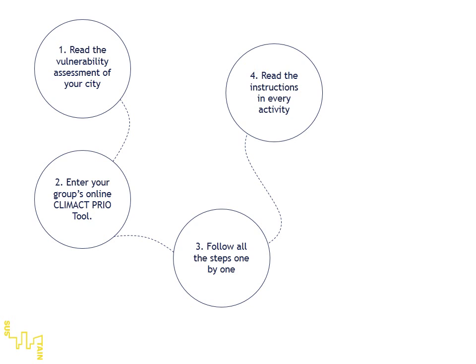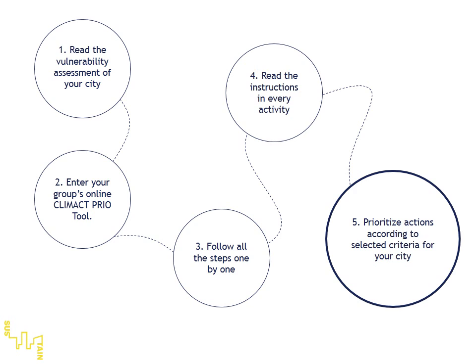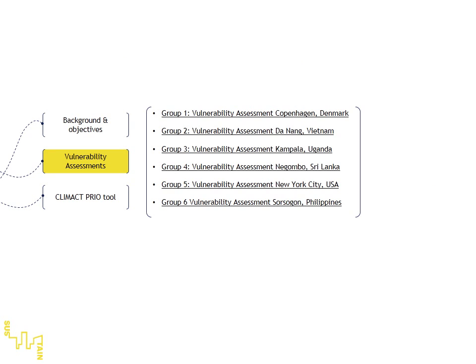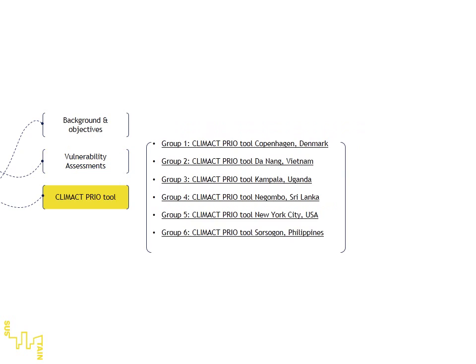Also, carefully read the instructions. Lastly, prioritize actions according to the selected criteria for your given city. Each group has been provided with a vulnerability assessment material for a given city. Moreover, each group has an individual Excel sheet for the CLIMACT PRIO tool.